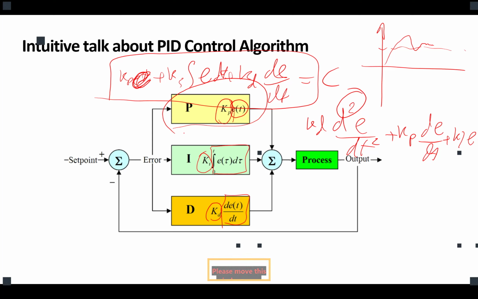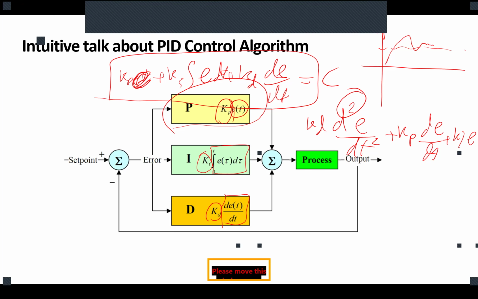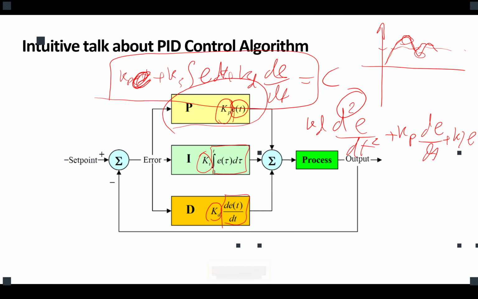Why do we need that? If we have an error signal that is changing super fast, oscillating super fast, then this prediction would predict how fast it would go. So it tries to control these overshoots and undershoots by predicting what's going to happen. Because P and I would try to eliminate the error, but we know that they cannot just go directly to the set point.